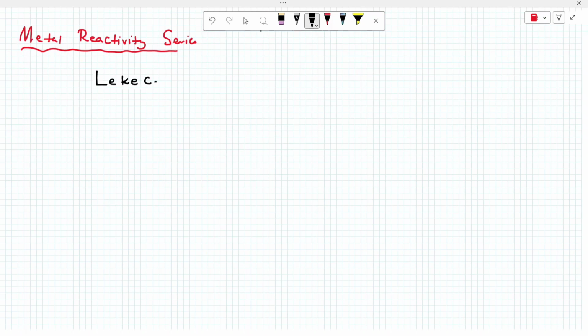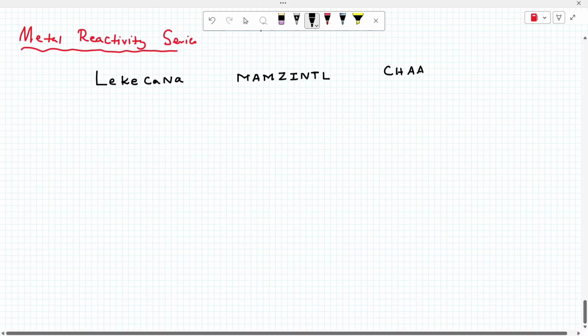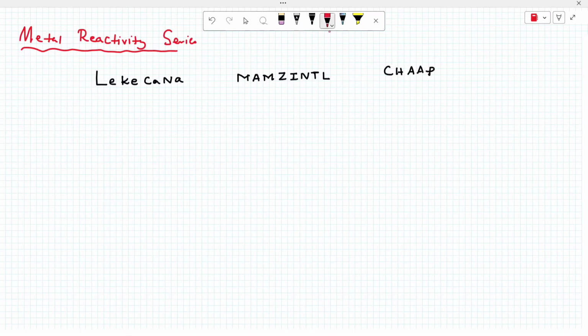Leke Sina. Okay. Mam Zintil. Chap. Chap na podu budiya na? Chap. இந்த ரெண்டு நடுவில் என்ன வரும் உனக்கு? இங்க ஹைட்ரஜன் வரும். ஷி வந்துரும். இங்க she போட்டுக்கலாம்.